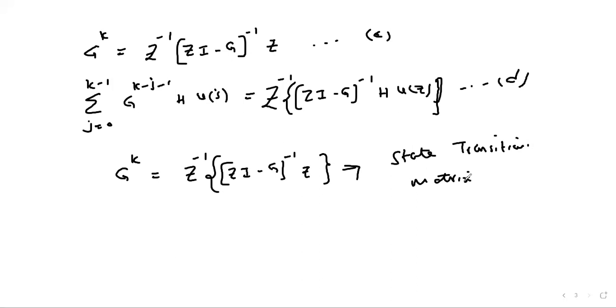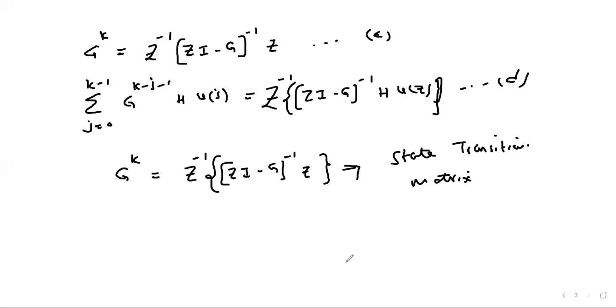It is the matrix that contains all the information about the free motion of the system, such that with the information of the free motion of the system, together with the information of the response of the system to the input, we can obtain the solution of the state equation.